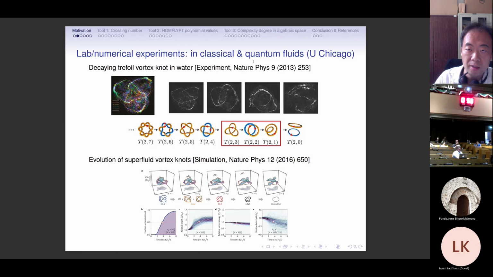In both contexts, you can see the decay from a state of high complexity to a low complexity. Another example is this, from here to here, and here, and then here, right? So they go from a complicated state to a simple one.